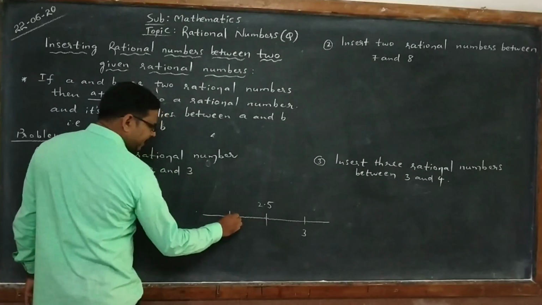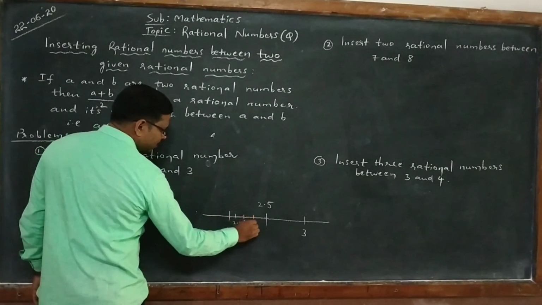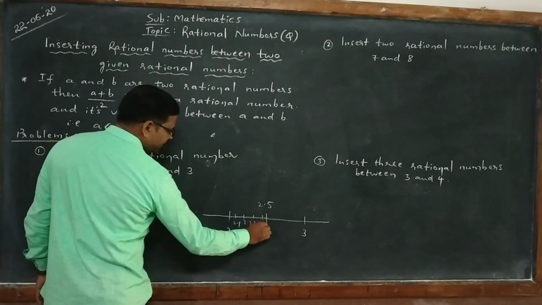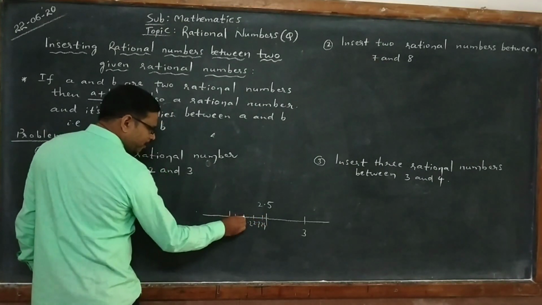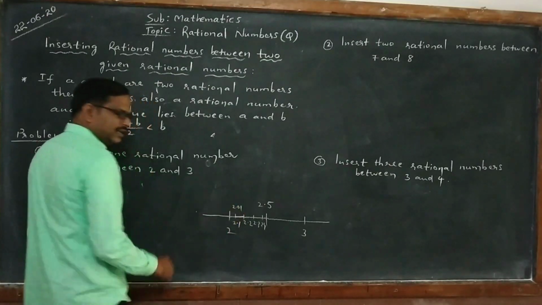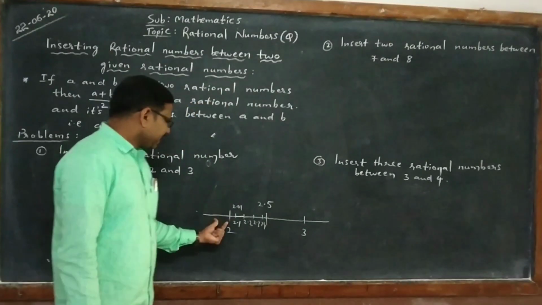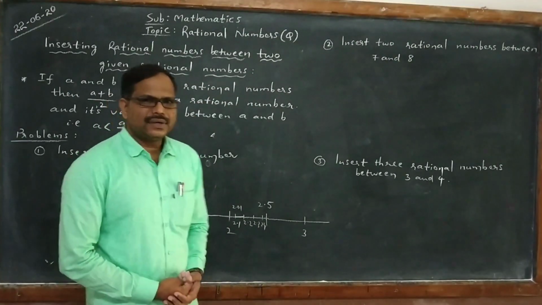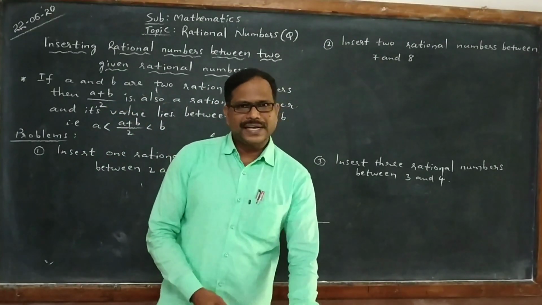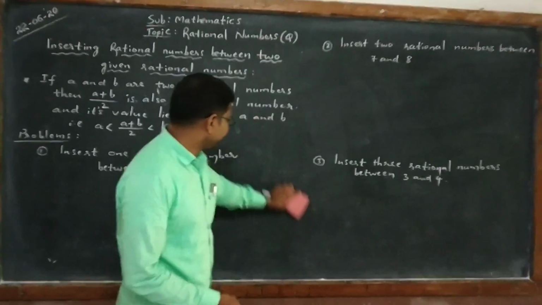Between 2 and 2.5, so many will be there, 2.1, 2.2, 2.3, 2.4. Again between 2.1 and 2.2, there will be 2.01, 2.02, like that. So there exist an unlimited number of rational numbers between two given rational numbers.